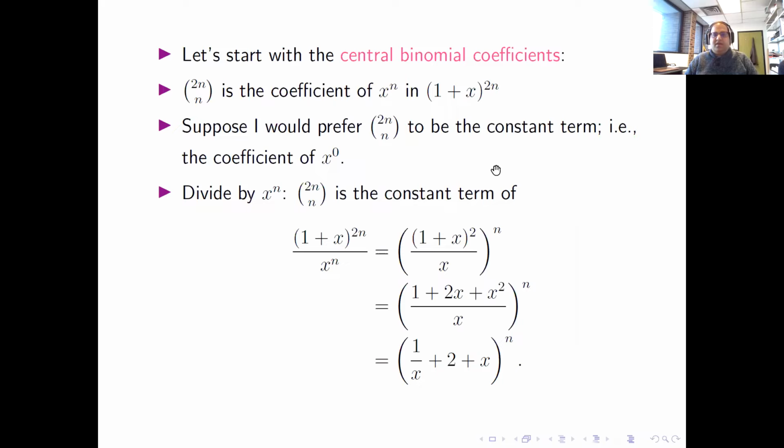I would rather it be the constant term in the expansion of some function. So okay, that's easy enough to accomplish. I divide my binomial by x to the n, and after some manipulation, I get this expression here. So 2n choose n is the constant term of this Laurent polynomial, right?